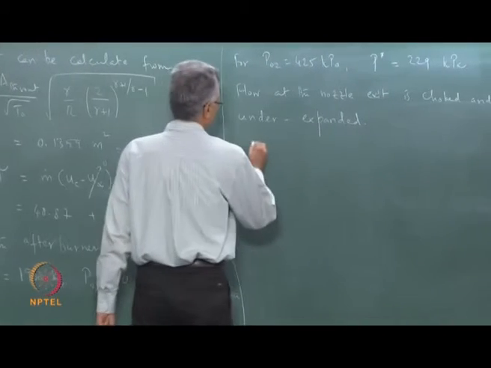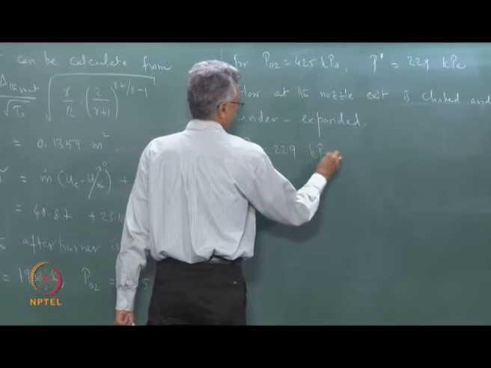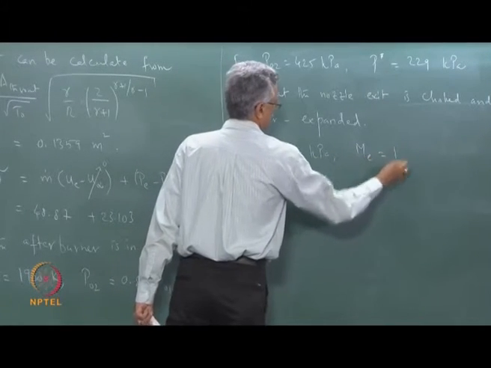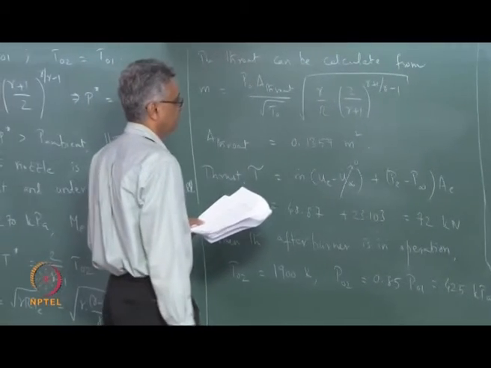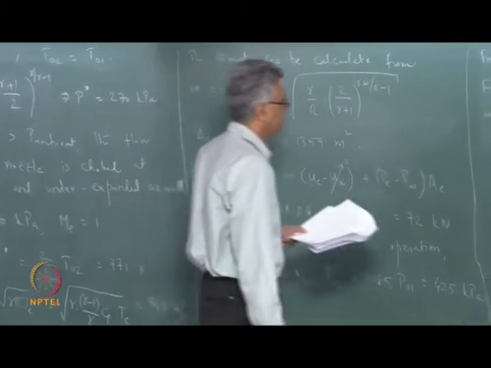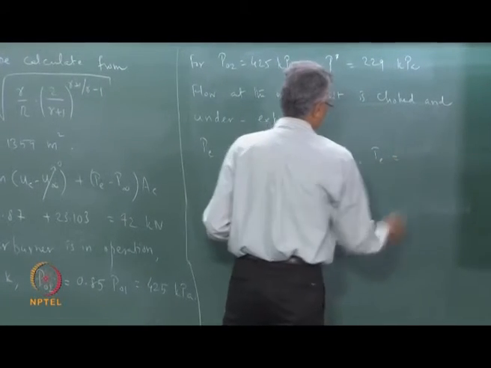Therefore, P exit is equal to 229 kilopascal, M exit is equal to 1, and T exit can also be calculated from the given value of the stagnation temperature.